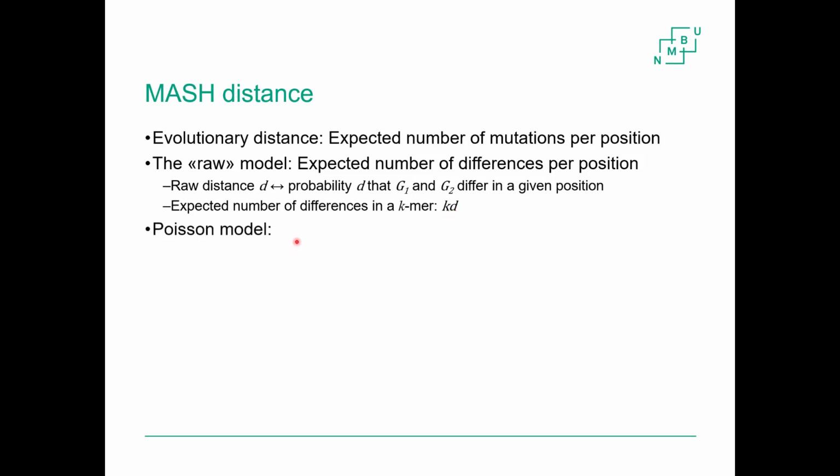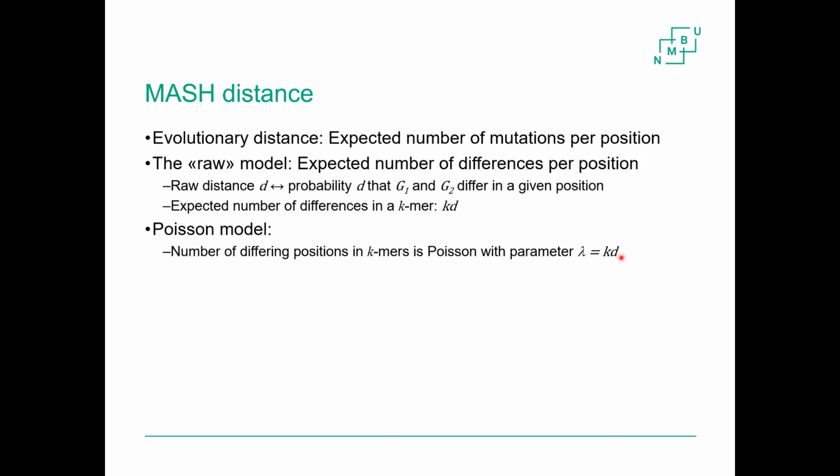And then in this paper, they use a Poisson model, saying that if you collect the k-mers from G1 and G2 at the same region, the number of differing positions in this k-mer is Poisson with parameter lambda, which is actually k times d.